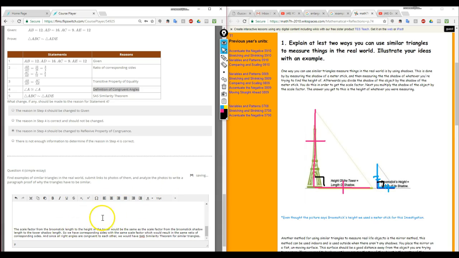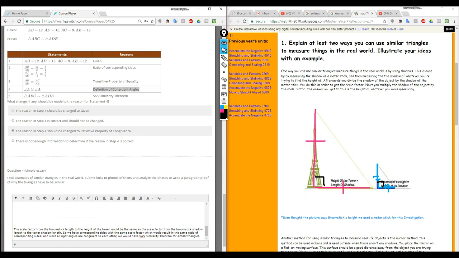So I would want the picture to be broken down and just a few sentences explaining which ones are corresponding sides, do they have the corresponding ratios for those sides, the same ratios for corresponding sides, and if they had the congruent, the same angle.